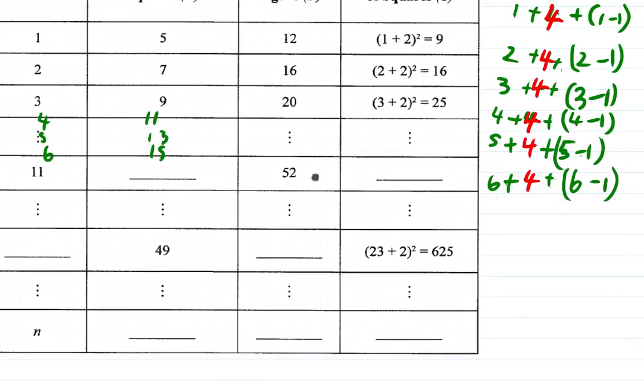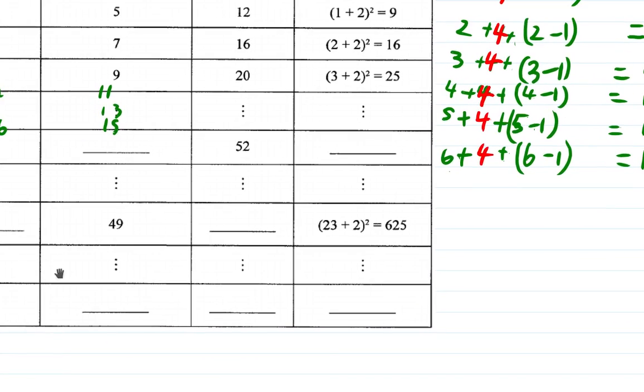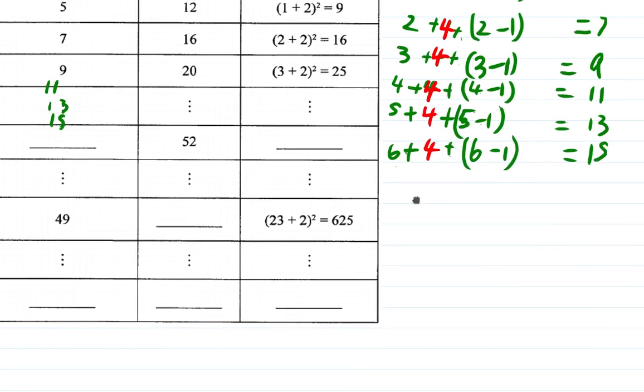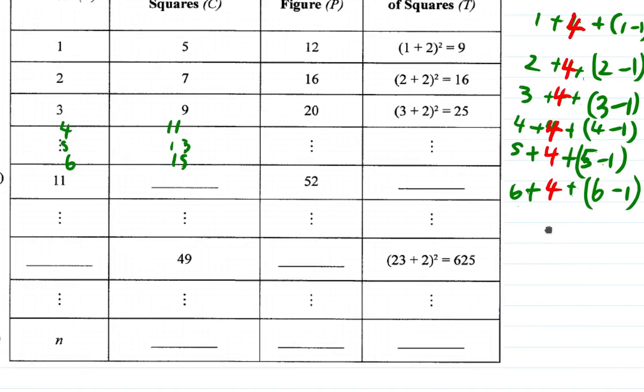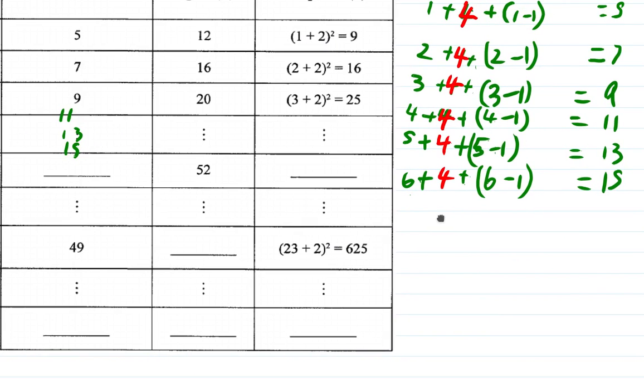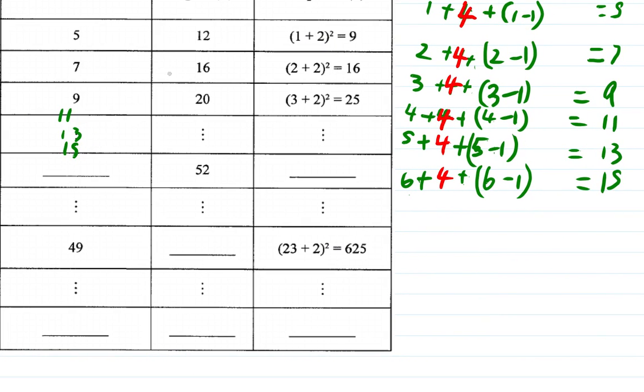So it seems as if we can fill this part out from now. It would be when you have n instead of 1, 2, 3, 4, 5, and 6, and so on. When you have n, what you really get is n plus 4 plus n minus 1.